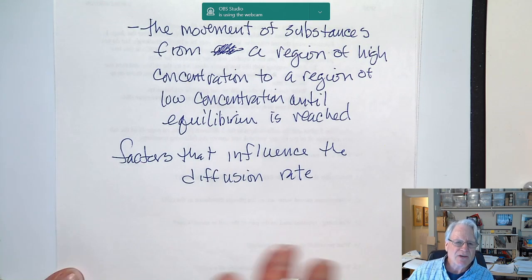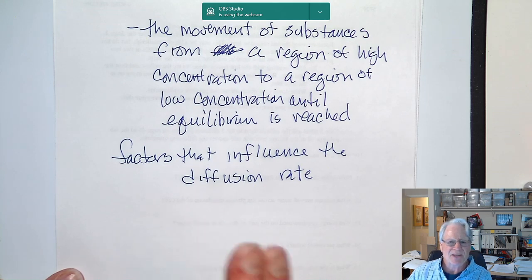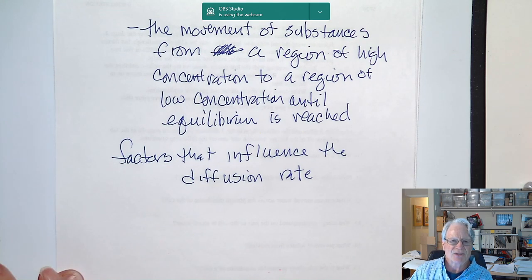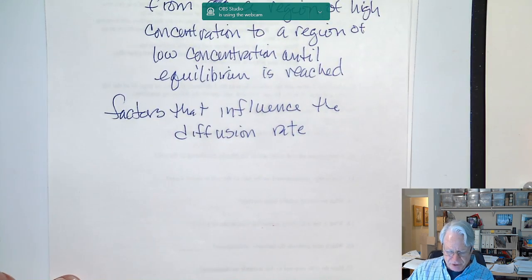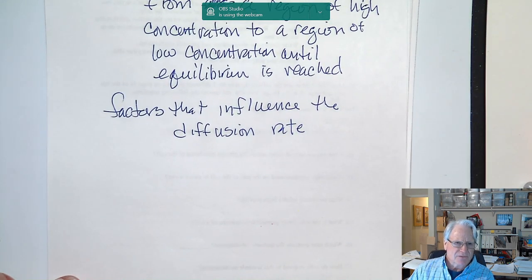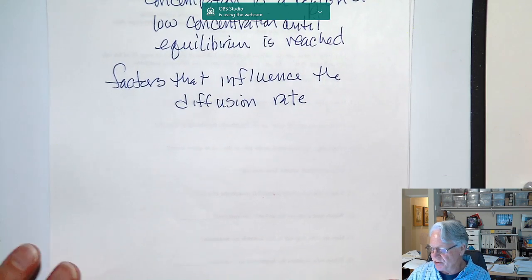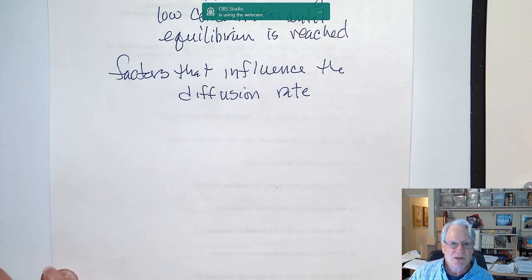But the question we're now asking ourselves is how fast is that going to happen? How fast will that particle or that substance fill in that space in an even and random manner? So there's a number of factors that are going to influence this, and we'll talk about each one of them, and I will try to apply each one of these factors to an example of your own biology.